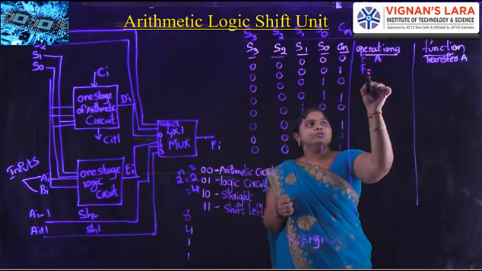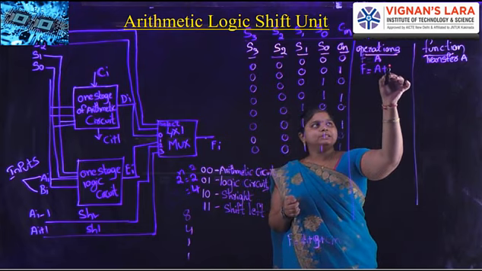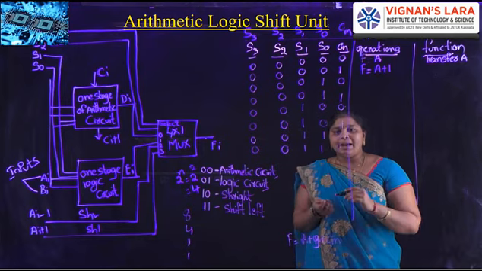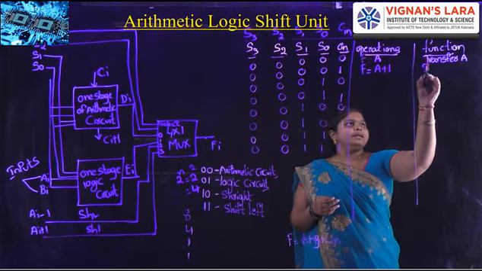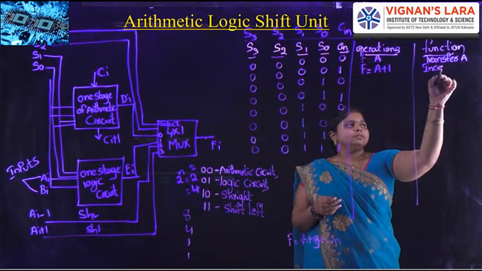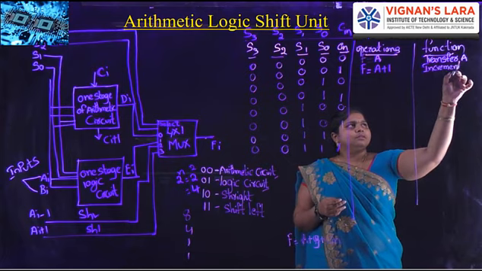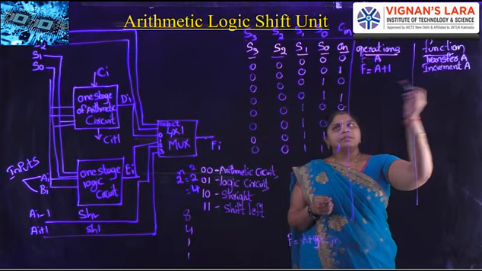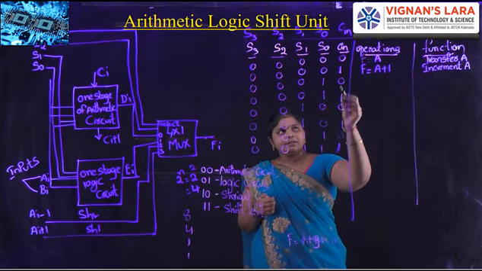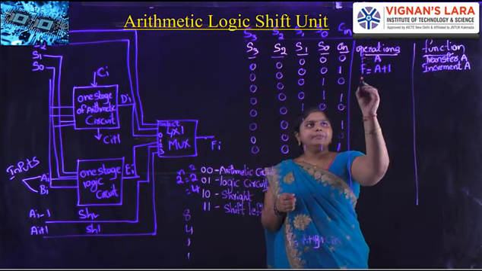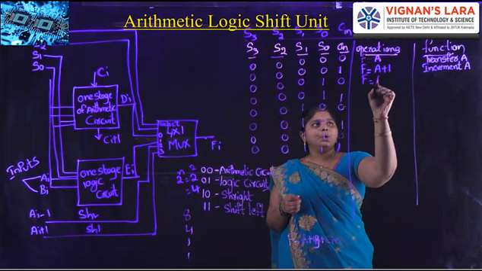With carry, we have to increment A plus 1. By using this arithmetic circuit, we perform these calculations, meaning increment A. Next, for 0, 1, with carry and without carry, F is equal to A plus B.